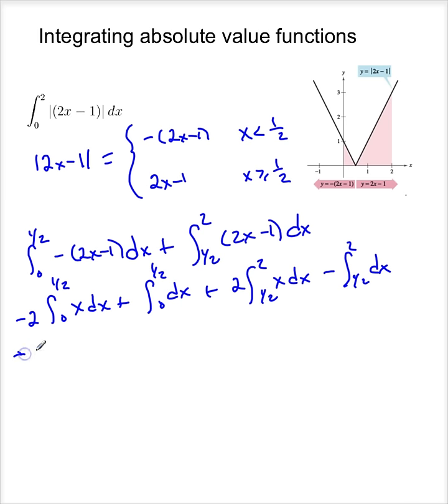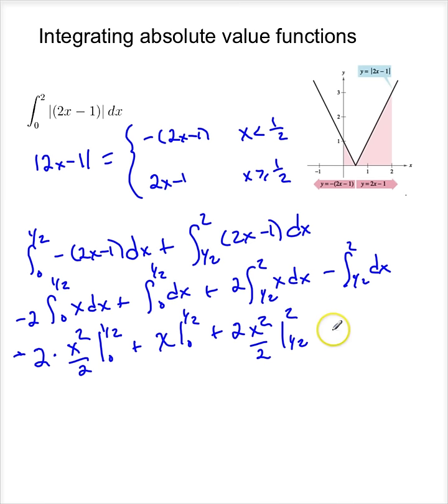So this is minus 2 times the integral of x dx, which is x squared over 2, evaluated at 0 and 1/2, plus x evaluated at 0 and 1/2, plus 2x squared over 2 evaluated at 1/2 and 2, minus x evaluated at 1/2 and 2.